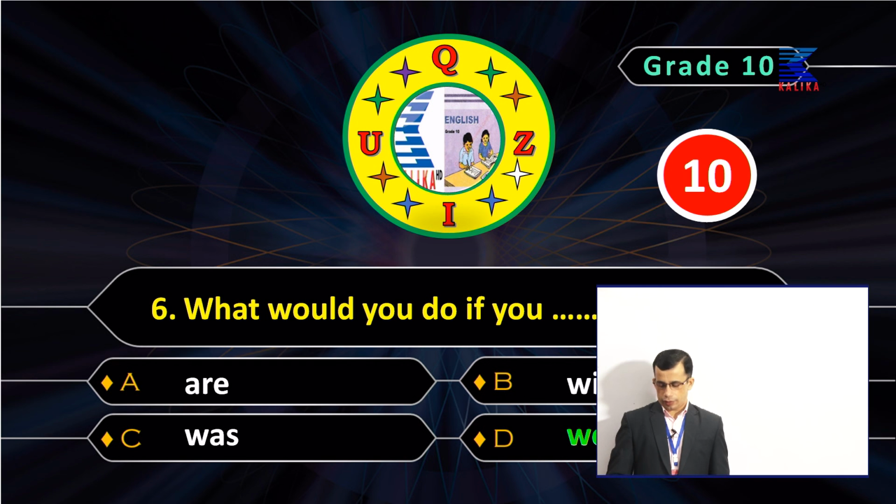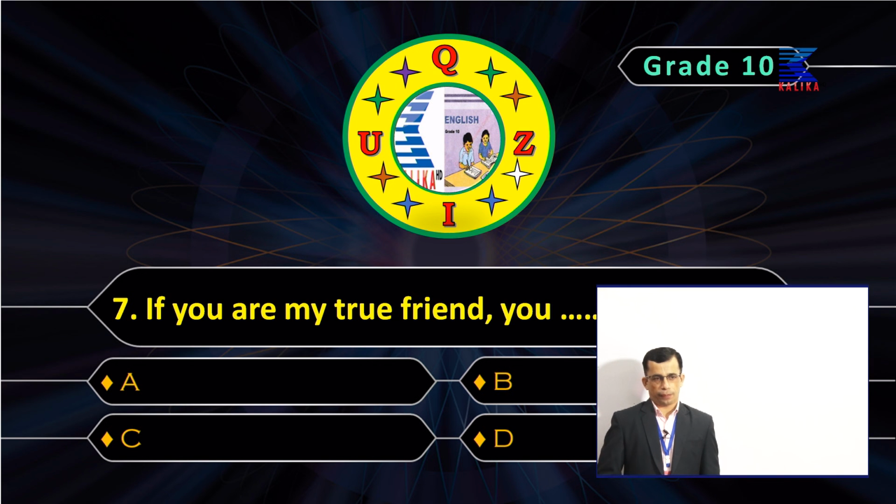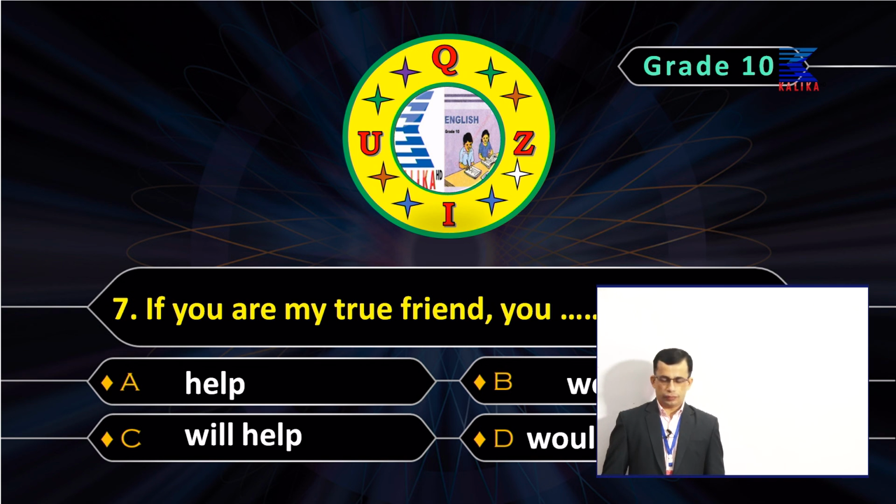A good try. Now, next, if you are my true friend, you ___ me in need. In if clause there is simple present tense are, right. So, in main clause shall, will, can, may, must plus verb 1. Please try it.